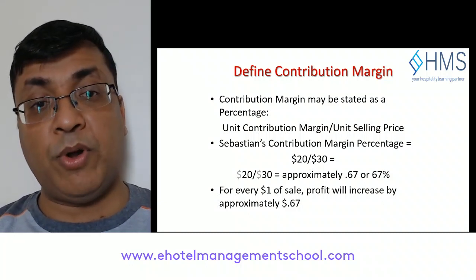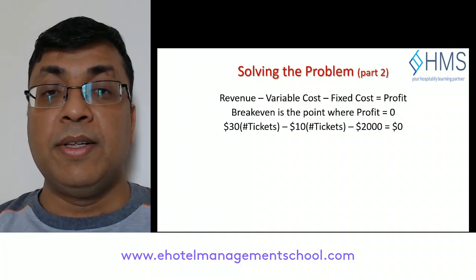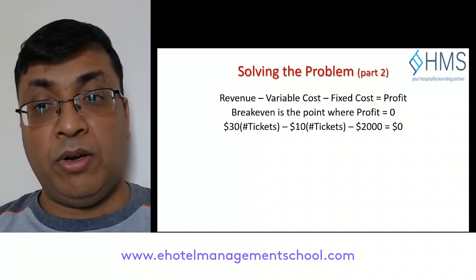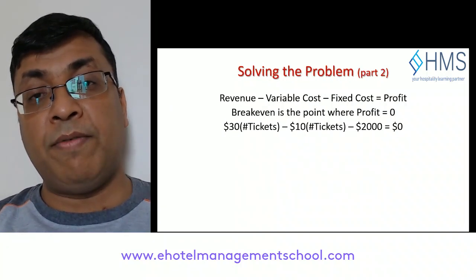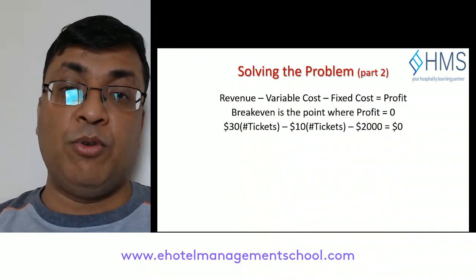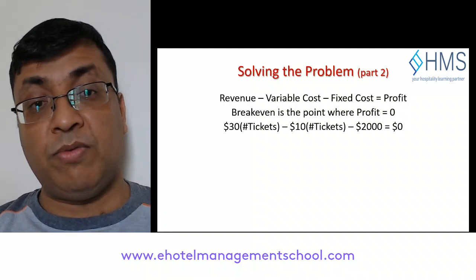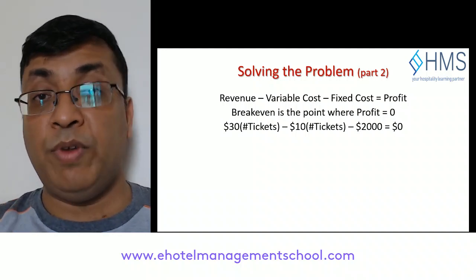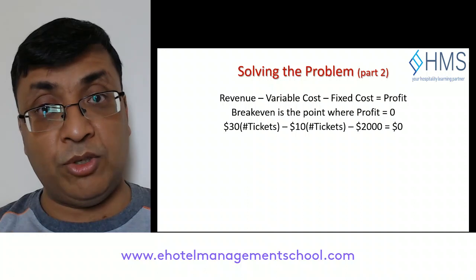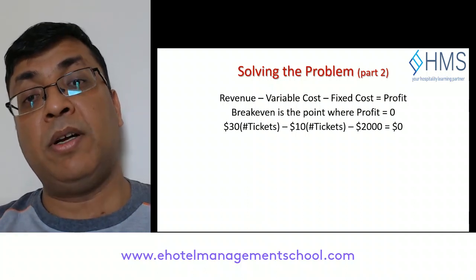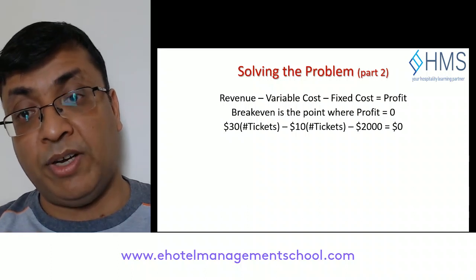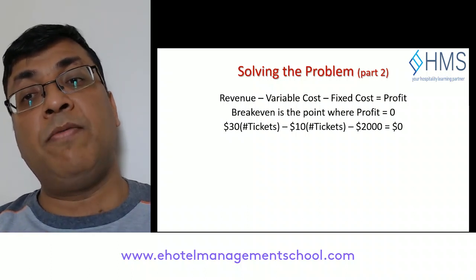So the break even point will be 2000 divided by 20. Let's start with the whole problem again: revenue minus variable cost minus fixed cost equals profit. We don't know the revenue because we don't know the number of tickets sold. So we will say 30 multiplied by the number of tickets sold, minus 10 multiplied by the number of tickets sold, minus 2000, should become 0.